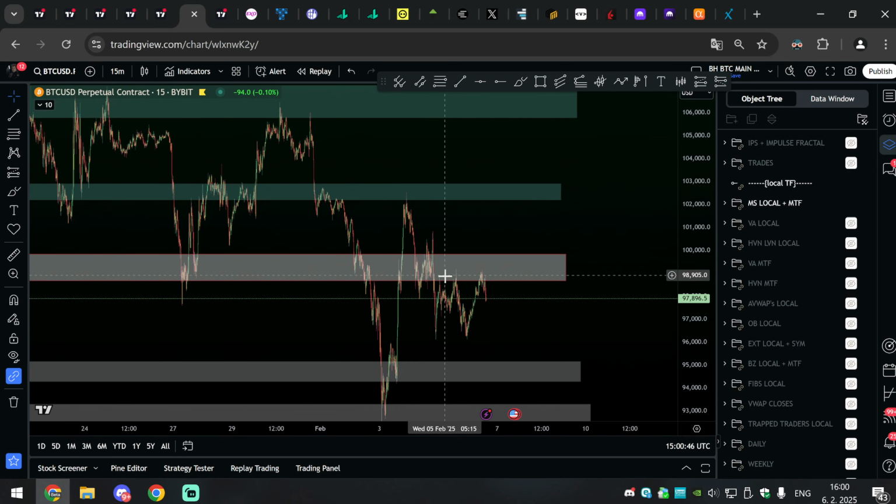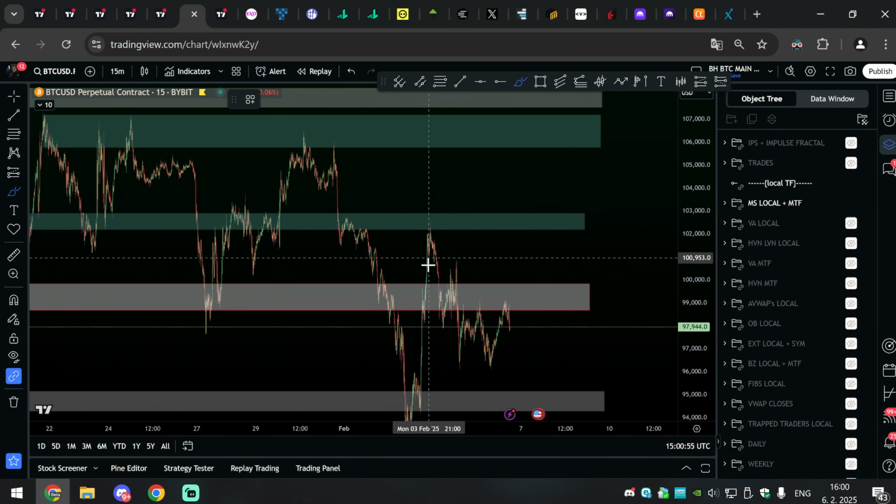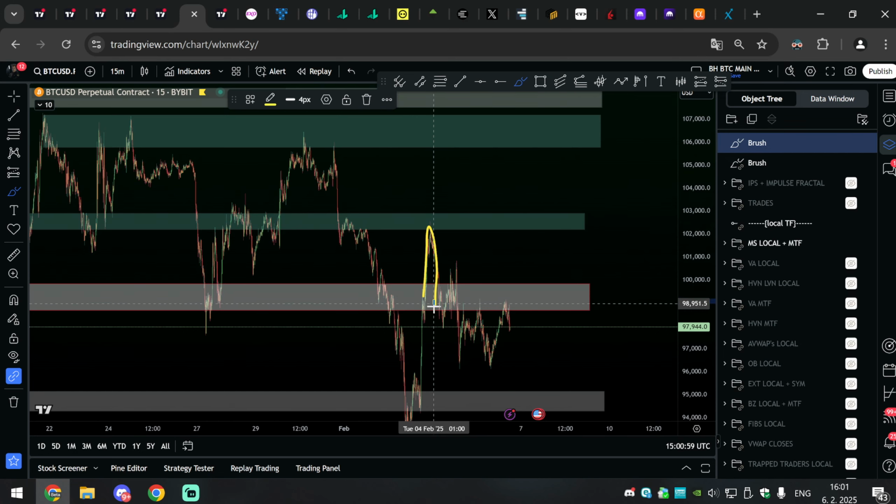Now we are trying to flip it into resistance again. So it's not ideal. If you wanted to see a pretty strong market here, you needed to do exactly what you did here: range in this market structure, but change market structure to the upside and continue up, flip it into support.